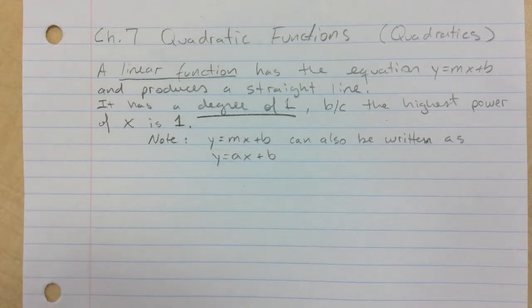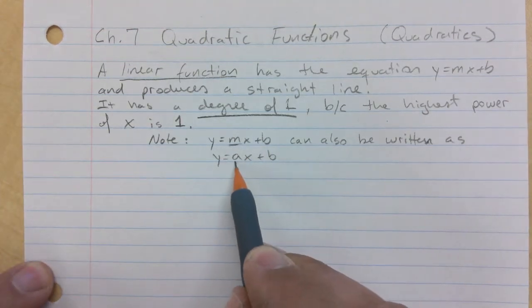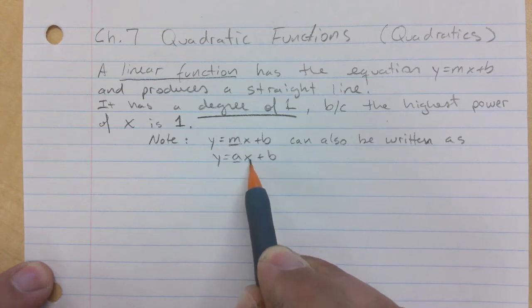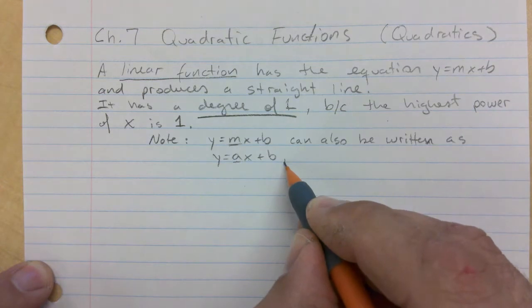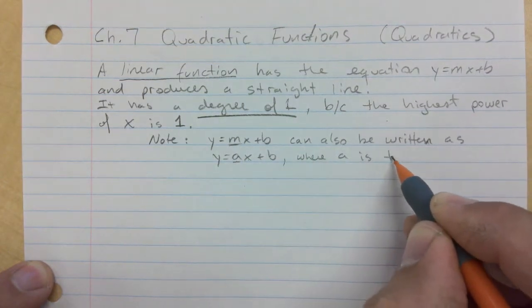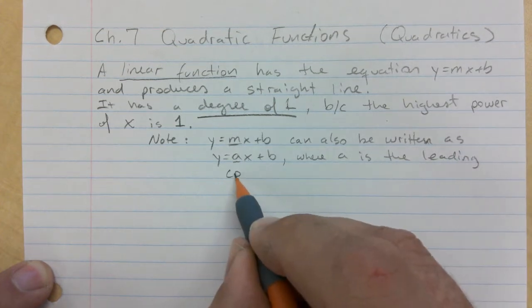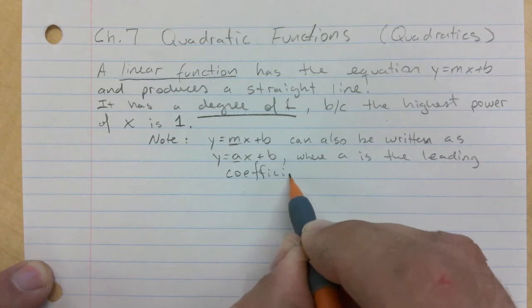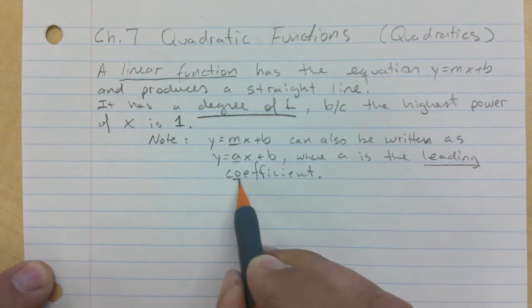Next year, you're going to also be introduced to x cubed, which is x to the power of 3. So we shift away from the m and call whatever is in front of the highest power of x, a, right? Where a is the leading coefficient. A is called the leading coefficient.